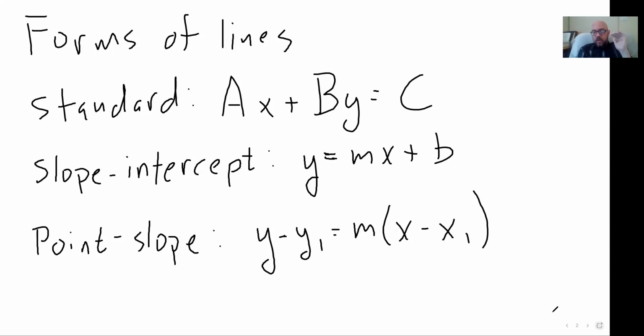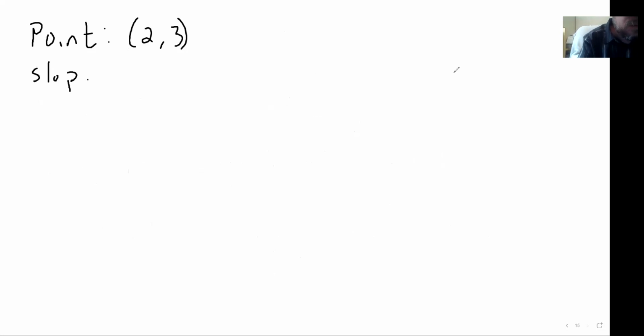So let's see what that looks like. If I have the point (2, 3) and my slope, let's say m equals -1/4, I can find the equation of the line even though that's all I know. So this is x1, this is y1.